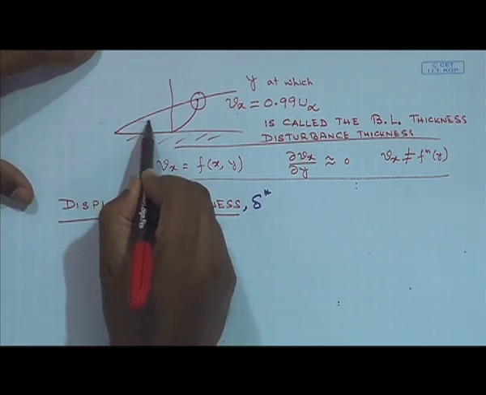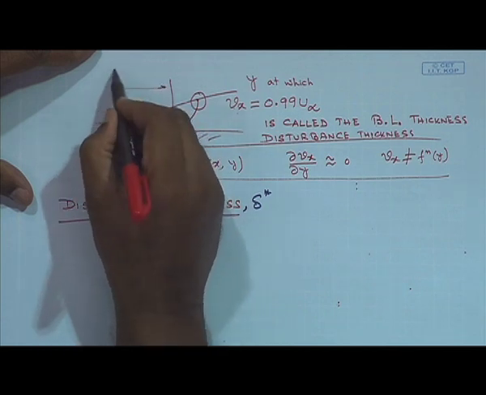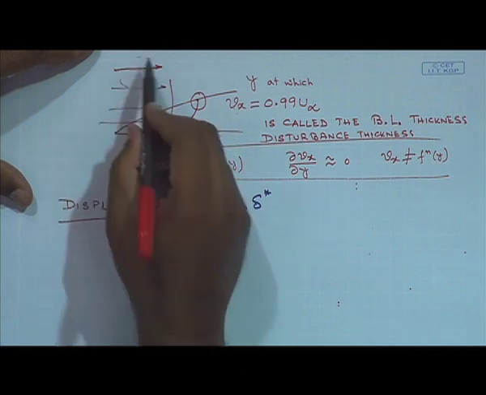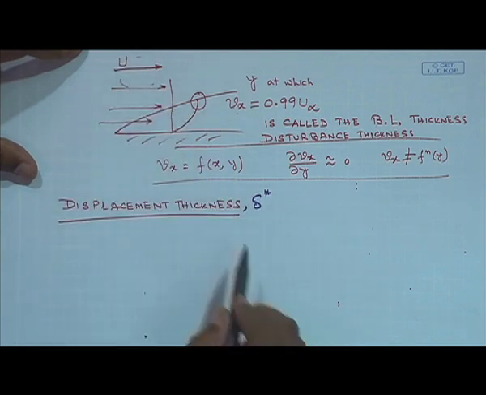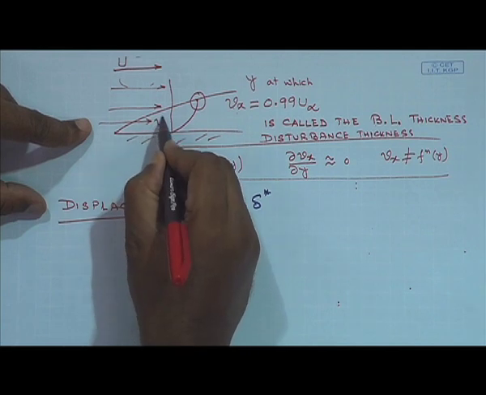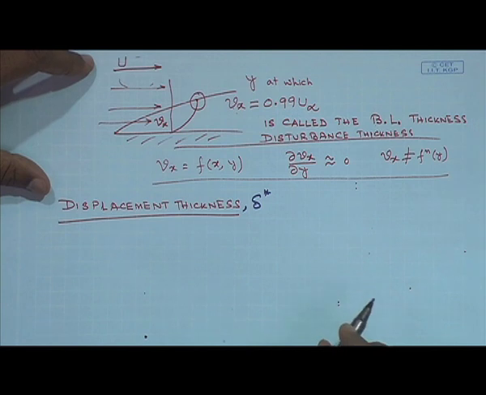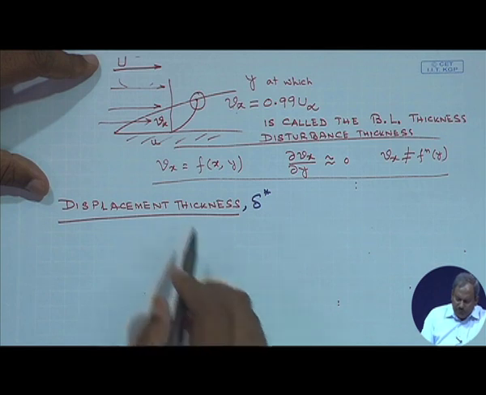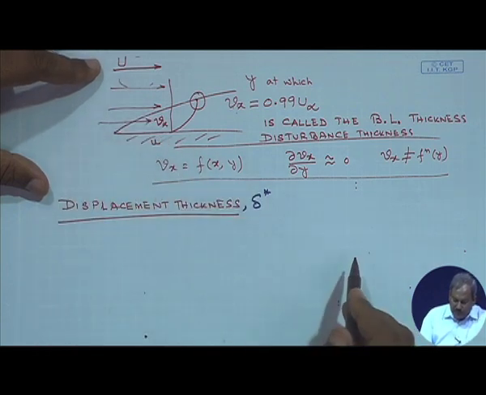When I have flow in this, the mass flow in this region where the fluid is moving with the free stream velocity is going to be more as compared to this case where the fluid is moving with Vx, or in some cases is also denoted by small u. So Vx is the x component of velocity, which is also denoted by u.